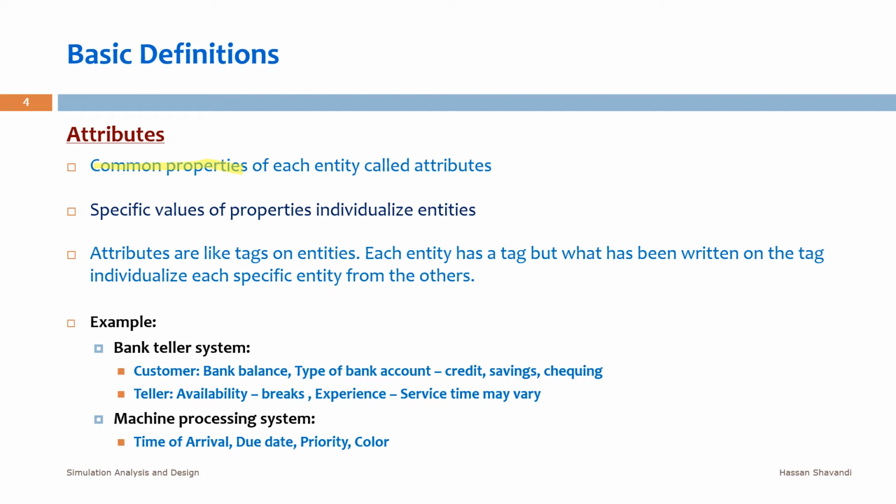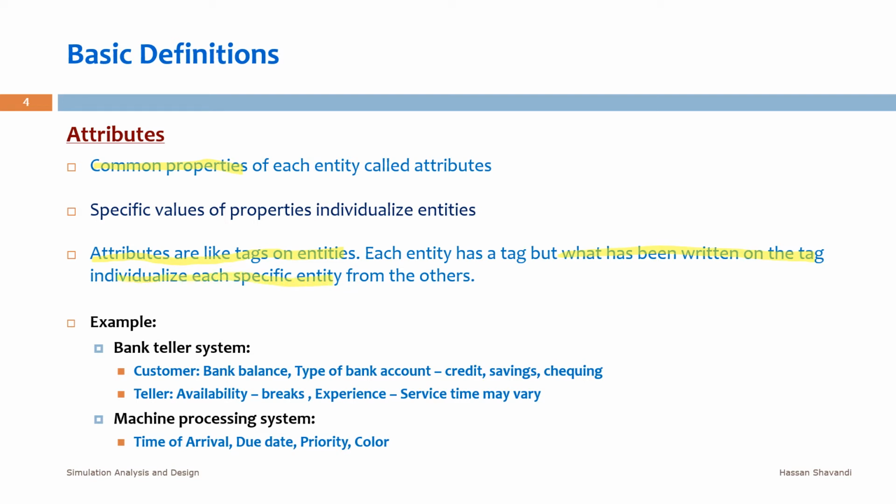So for example, we can say that attributes are like tags on entities. We have a tag on each entity, but what has been written on the tag depends on that specific entity, and it will individualize each specific entity from the others.